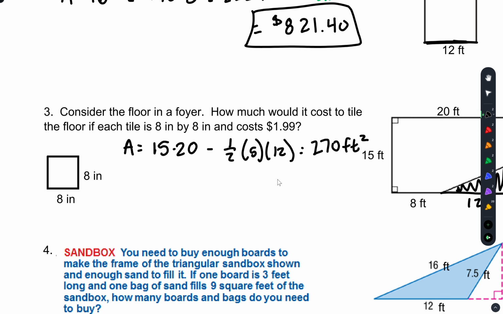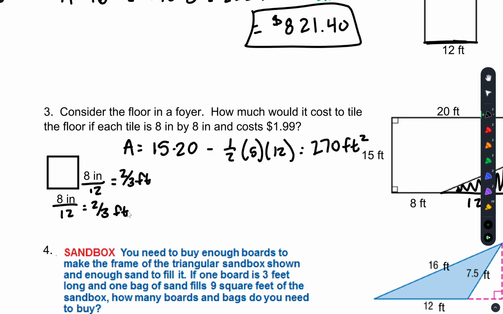How many feet is this tile? We have to do the dimensions of the tile before we can find its area. So 8 inches is how much of a foot? I can divide this by 12 inches to get that that's 2/3 of a full foot.